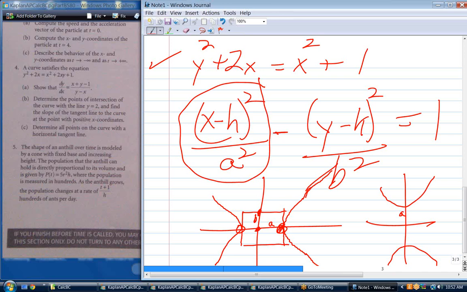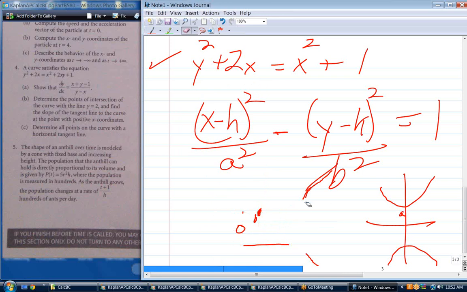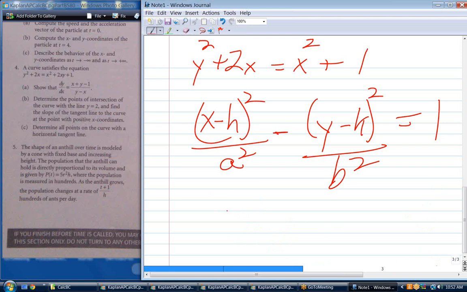And then the other thing, just completing the square. All right, let's go through it. We know this is a horizontal one, so we're going to put all of our x terms together. I'm going to move everything to the right. Ooh, interesting.